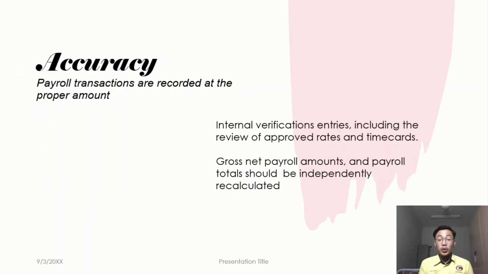The third internal control objective is accuracy. It means payroll transactions are recorded at the proper amount. For the specific procedure, there should be internal verification of entries, including the review of approved rates and time cards. The gross and net payroll amounts and payroll totals should be independently recalculated.